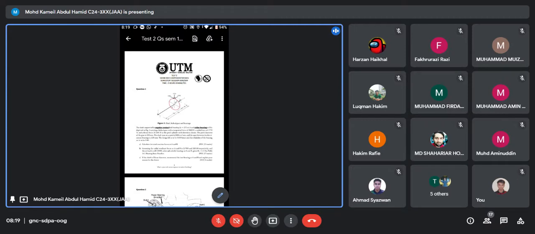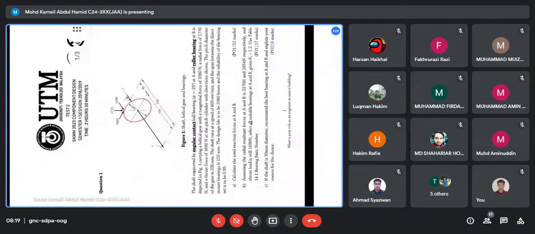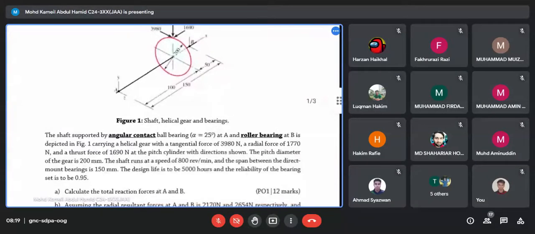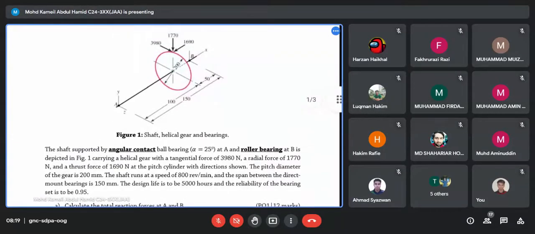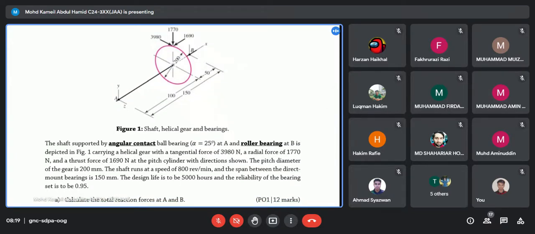Okay, soalan ni dah try ke belum Hakim? Ada siapa yang dah try ke soalan ni? Afiq, dah cuba ke belum?